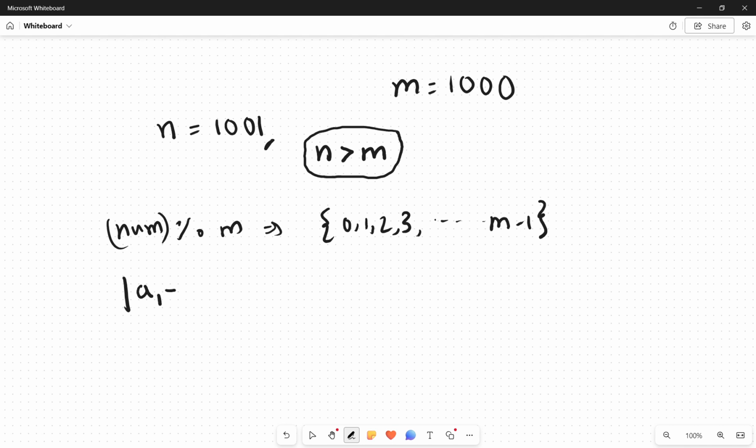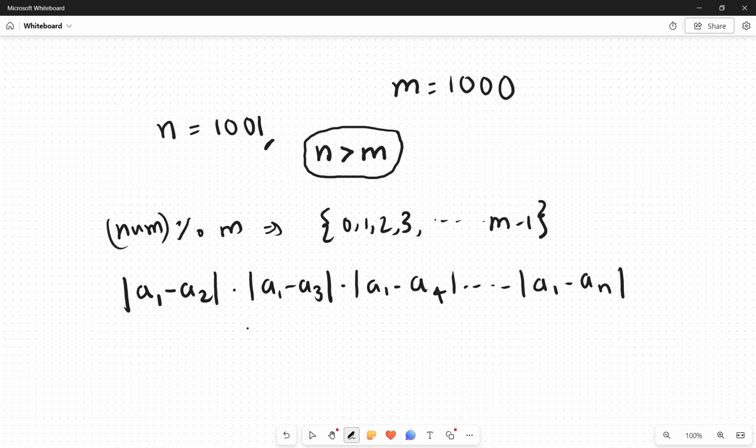Our product is mod of a1 minus a2 into mod of a1 minus a3 into mod of a1 minus a4 and so on up to mod of a1 minus an, then mod of a2 minus a3, mod of a2 minus a4, and so on up to mod of a2 minus an.